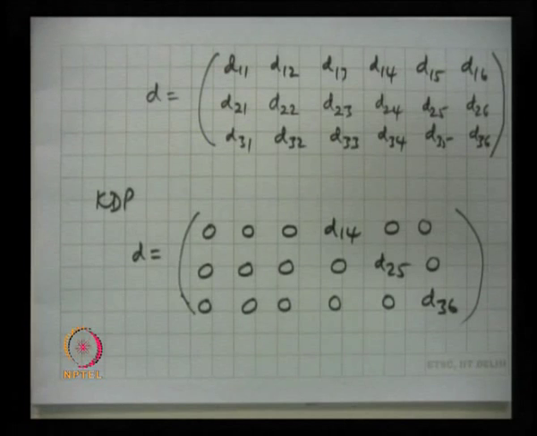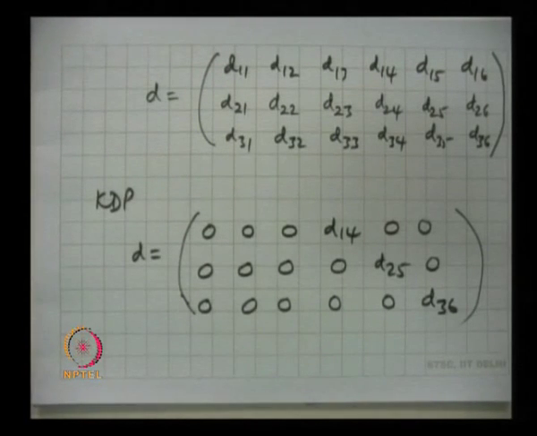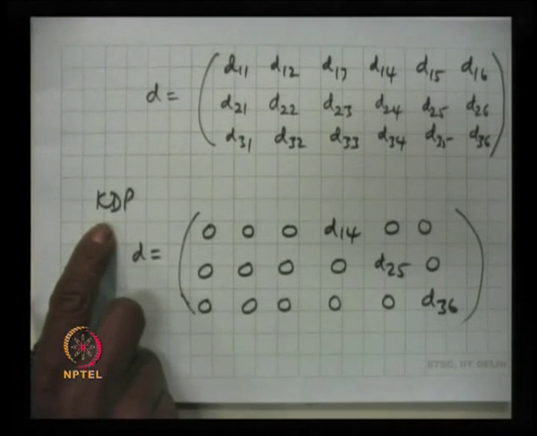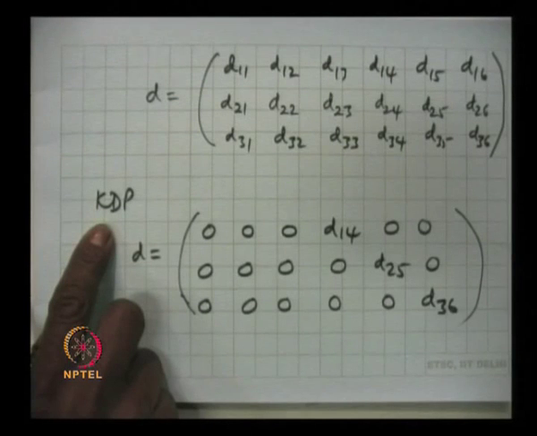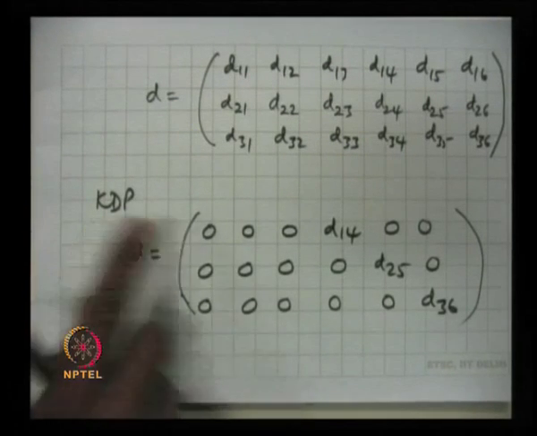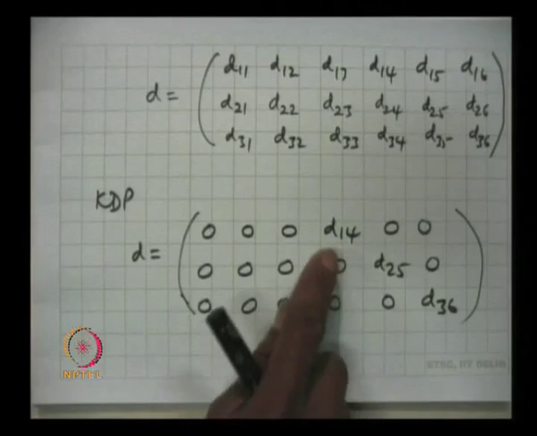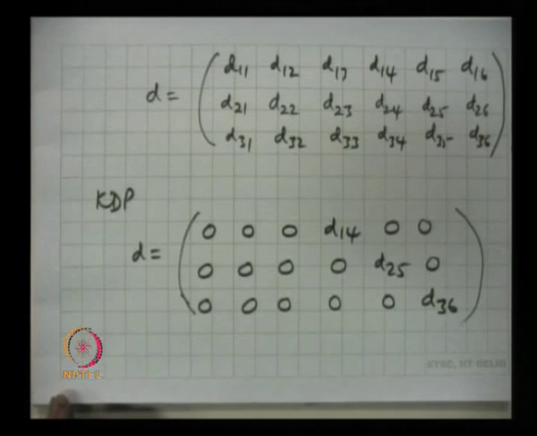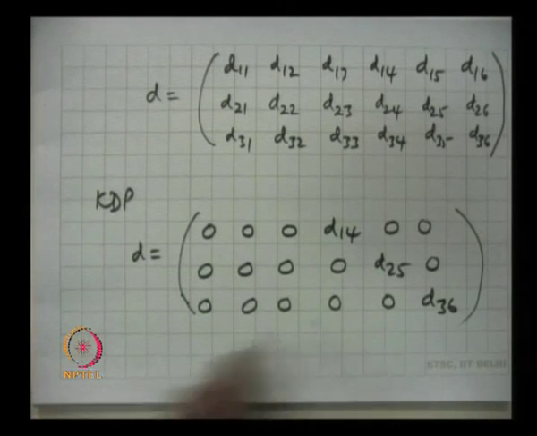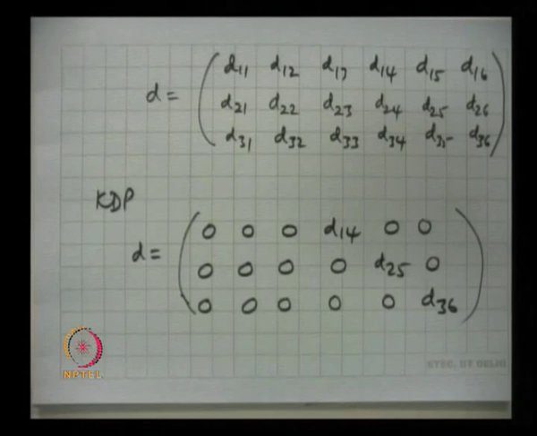And similarly for lithium niobate there is another matrix. All crystals belonging to the KDP class, ammonium dihydrogen phosphate is another crystal which is like KDP, have the same matrix except that the values for these coefficients may be different. And as I told you, these values are typically 10 to the minus 12 meters per volt.